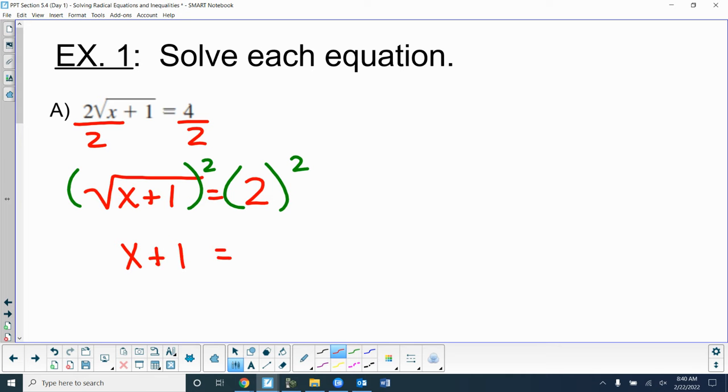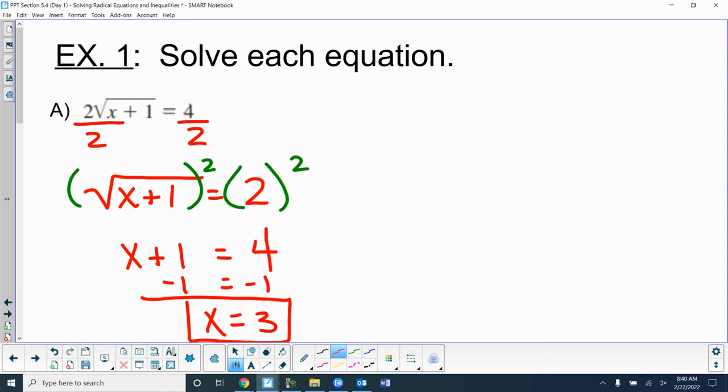And what's 2 squared? 4. So there's our equation now, and we just solve that. Subtract 1, and we get x is 3. You should check. What's 3 plus 1? 4. What's the square root of 4? 2. Times 2? 4. Works, right?